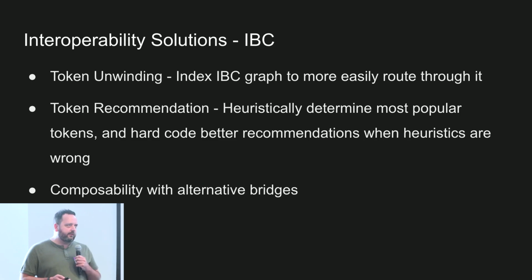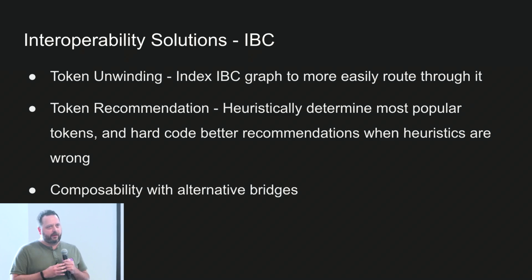Some of the solutions we went with for IBC: we were calling it token unwinding. Our solution was, for all the Cosmos chains that we support, we index all of the IBC channel data and all the token data from those chains, and we build a graph that says how to get from one token to another.